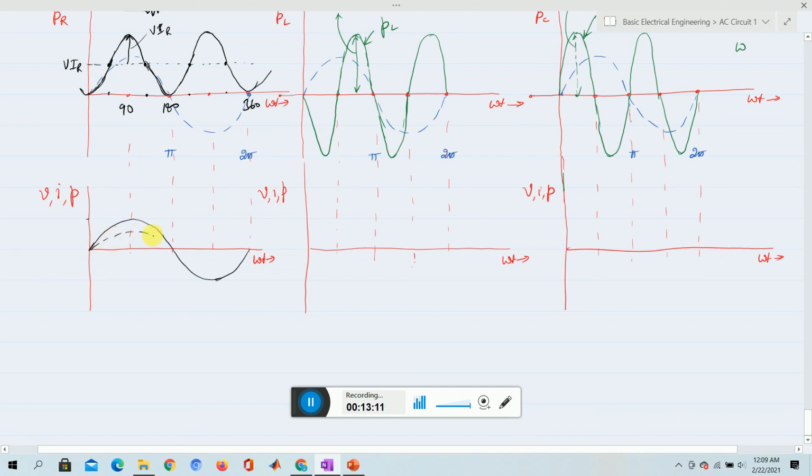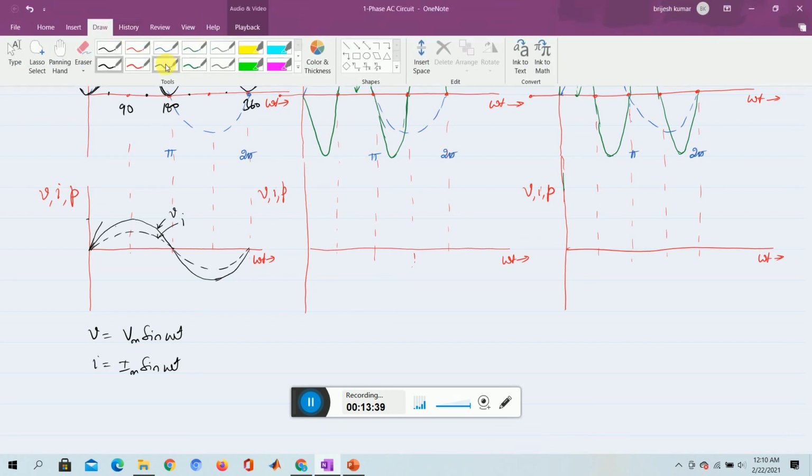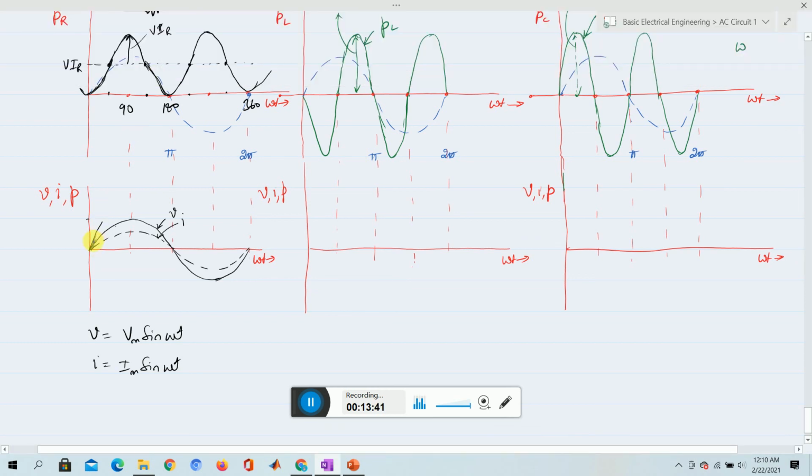The current waveform will be in the same phase as the voltage waveform, because here V is equal to Vm sine omega t and I is equal to Im sine omega t. So both the current and voltage waveforms will be like this, and the power waveform, obviously V into I, is the multiplication of these two, voltage and current.